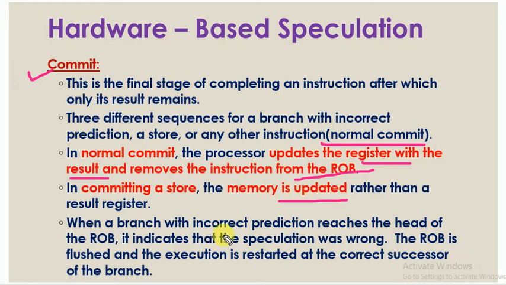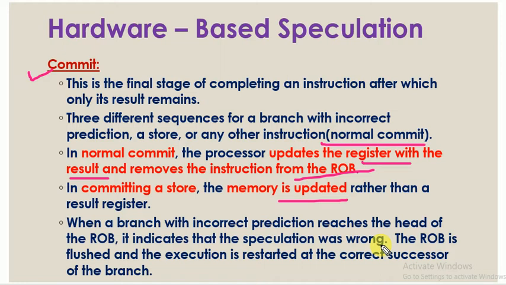When a branch with incorrect prediction reaches the head of the ROB, it indicates that speculation was wrong. We are assuming that the branch will work in a certain way, and accordingly we are moving ahead and storing the intermediate results in the ROB. But later it is identified that the prediction was wrong.